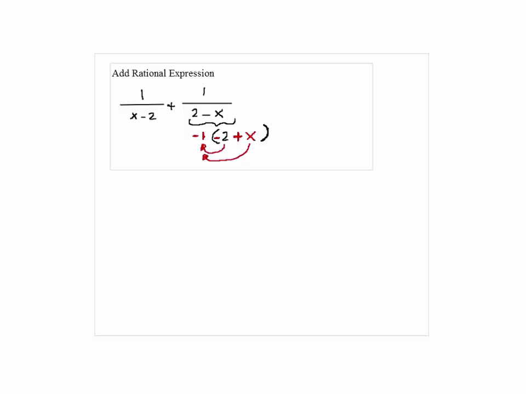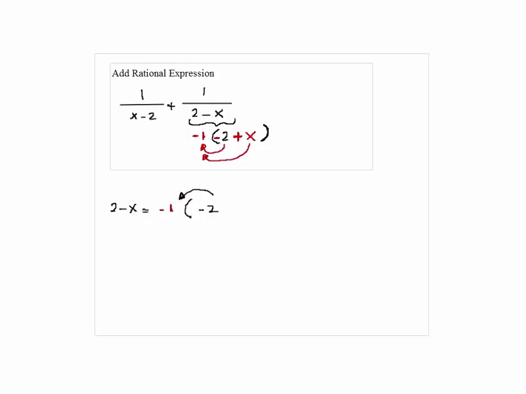So let's take a look at this here. When I have 2 minus x, if I factor a -1 here, you notice I'm not multiplying this by -1, I'm factoring the -1 out. So what times -1 gives me the first term? Must be -2. And then what times -1 gives me minus x?